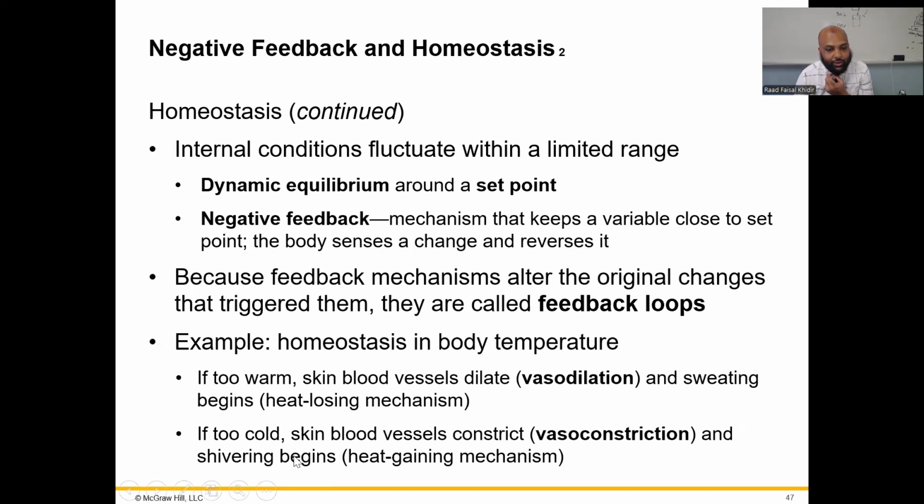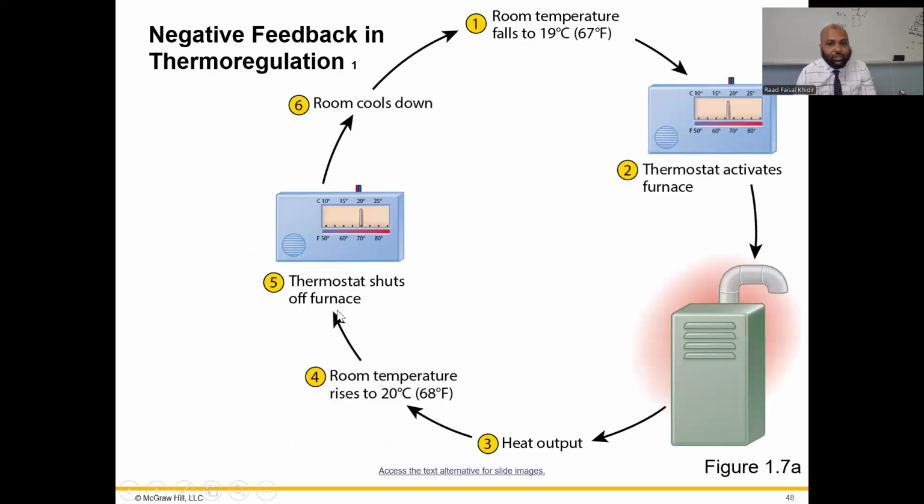So we talked about how if it's too warm, the skin blood vessels do what? When it's too hot, what happens to the blood vessels? They vasodilate. And if it's too cold, the opposite: they vasoconstrict. This is what I was talking about earlier with the furnace.